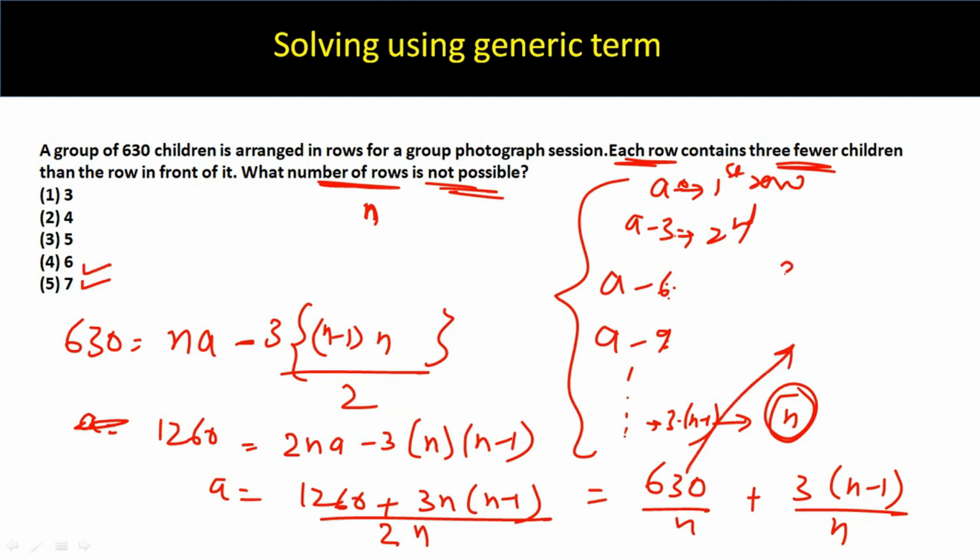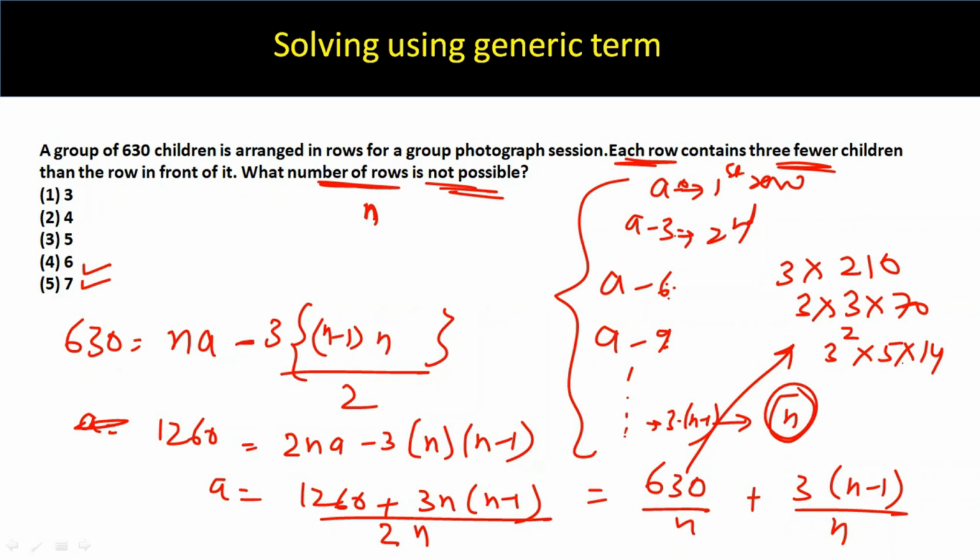Let's check the factors of 630. It is 3 into 210, so again 3 into 70, 3 square into 5 into 14. So I can very clearly say that the value of n cannot be 6, because if n is 6, then this is not an integer.